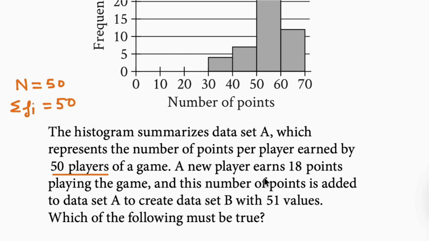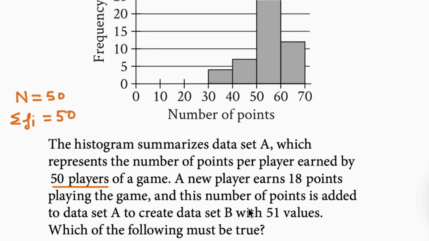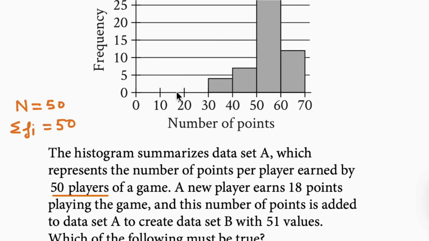A new player earns 18 points playing the game, and this number of points is added to dataset A to create a dataset B. This is dataset A, right? Now someone has scored 18 somewhere here, and that is one pair, frequency is 1. So that means this is the minimum score.